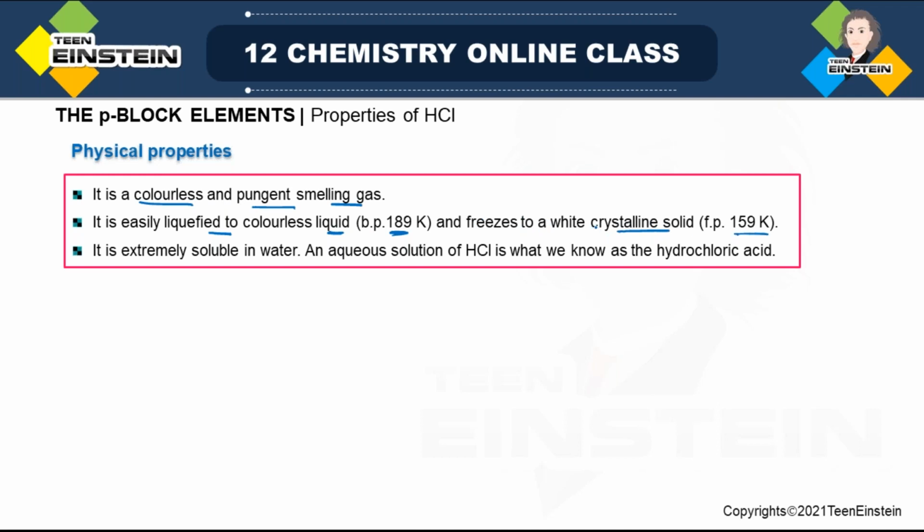This is the freezing point, that is the melting point. Water solubility is very good. So that is the reason an aqueous solution of HCl is what we know as hydrochloric acid. So the hydrochloric acid that you see in the laboratory is nothing but the aqueous solution of HCl, which, as you have seen in the last slide, contains two types of ion, H3O plus and Cl minus. Okay.